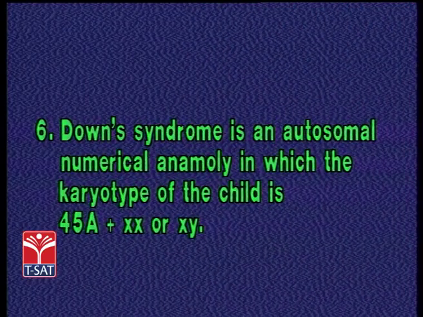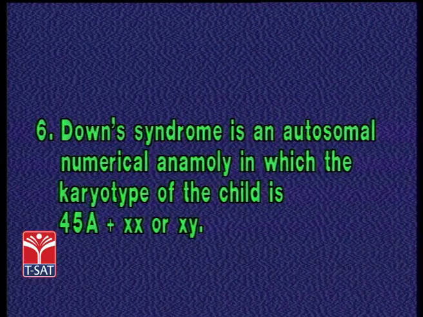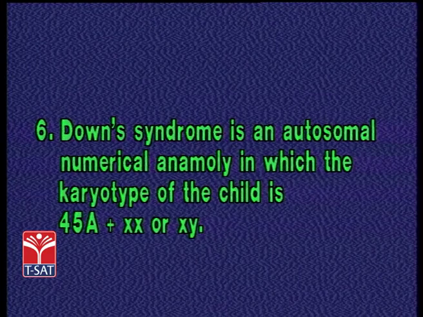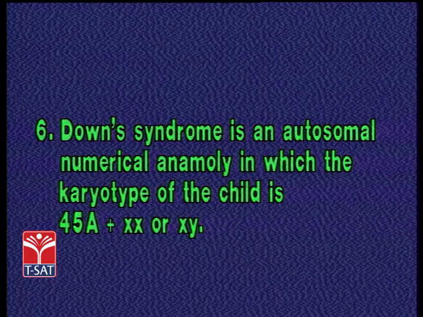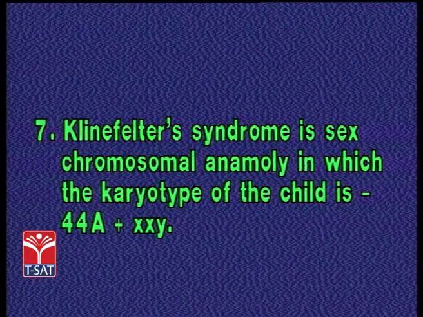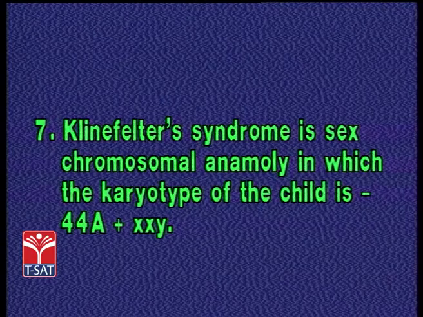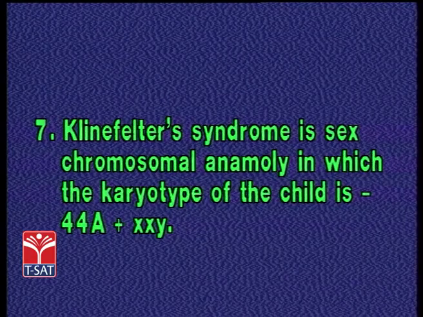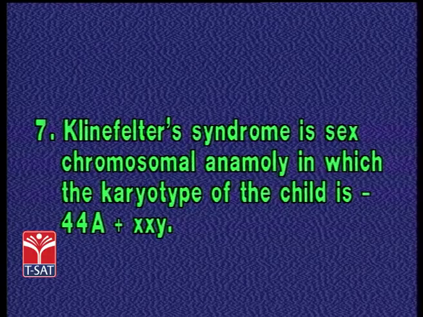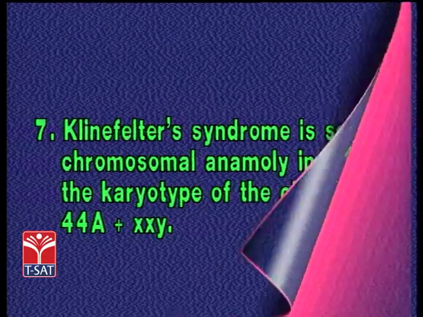Number 6, Down syndrome is an autosomal numerical anomaly in which the karyotype of the child is 45 autosomes plus XX or XY. Number 7, Klinefelter syndrome is sex chromosomal anomaly in which the karyotype of the child is 44 autosomes plus XXY.